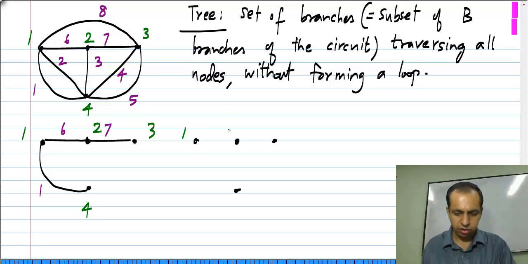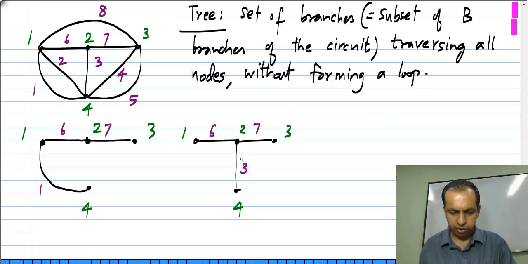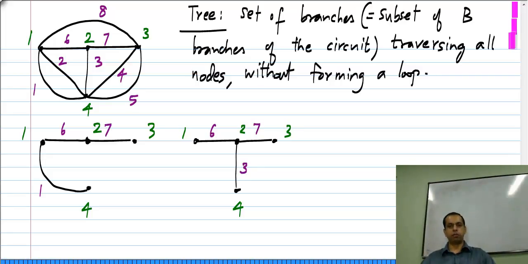So, again I can take these 3 branches, branches 6, 7 and 3, and again we have a tree and all nodes are connected to at least one branch, but there is no loop.